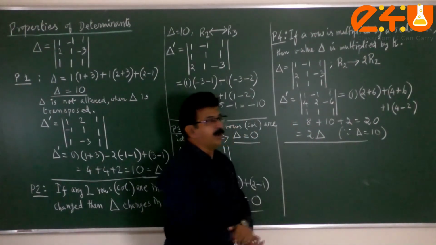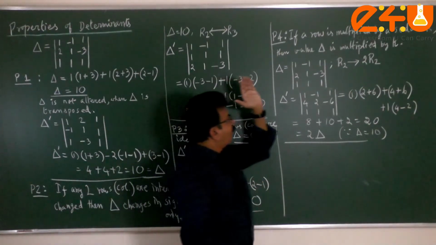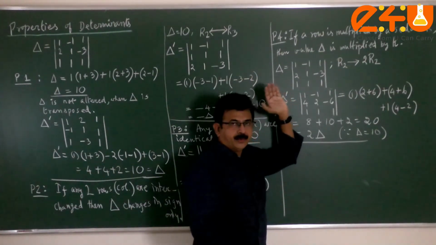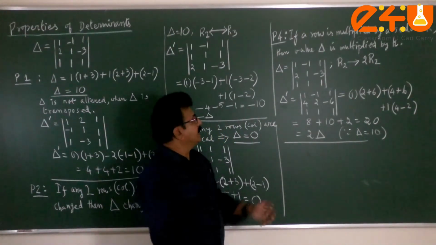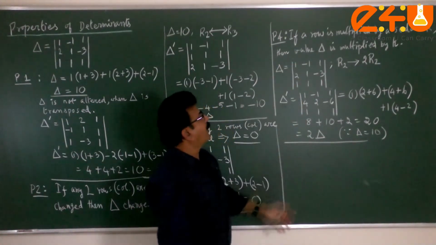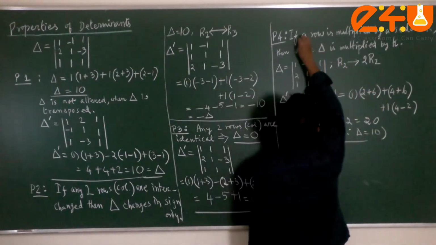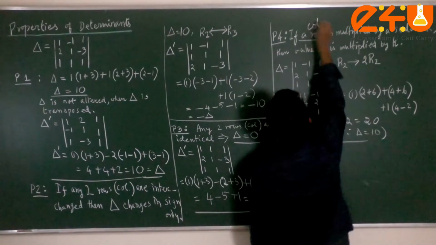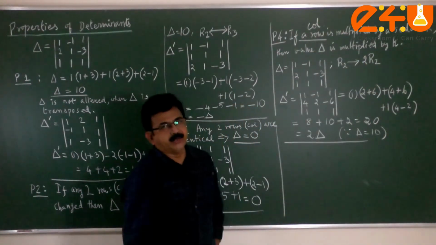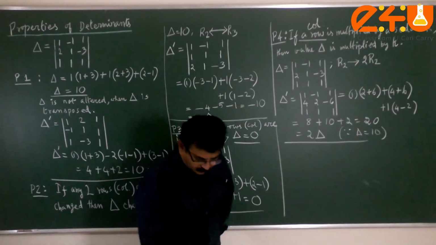So it is 20 now. If you multiply all elements in a row, it is sufficient. The entire determinant gets multiplied. The same thing will be true not only for a row; it works for a column also.